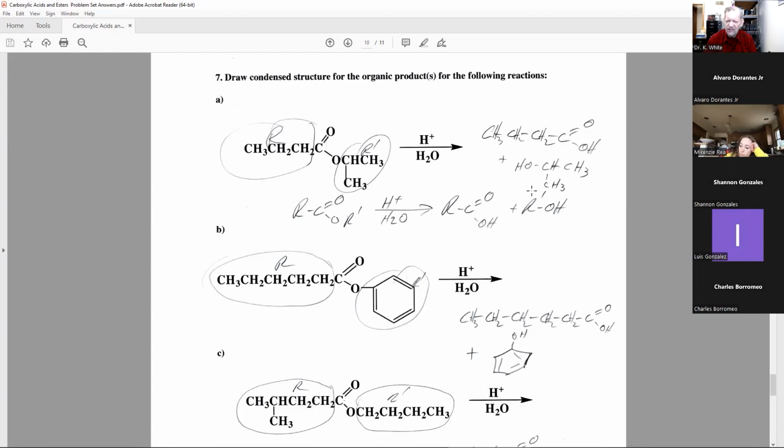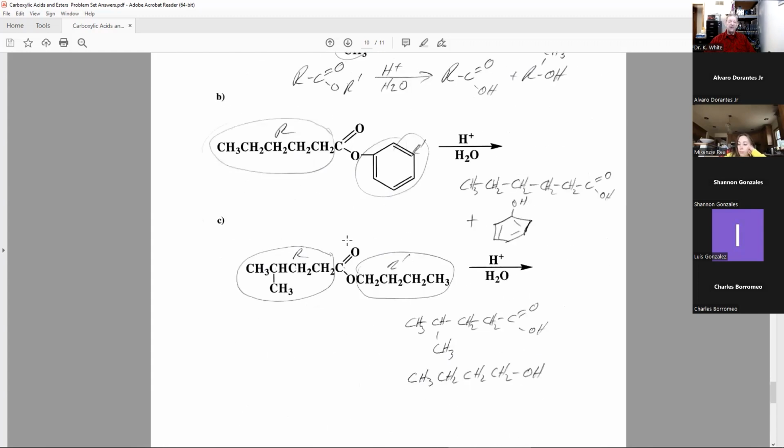Just think about it. 6 months ago, would you know what I'm talking about if I said isopropyl? Maybe not. You do now. And if you notice B and C, all I've done is made different R groups.